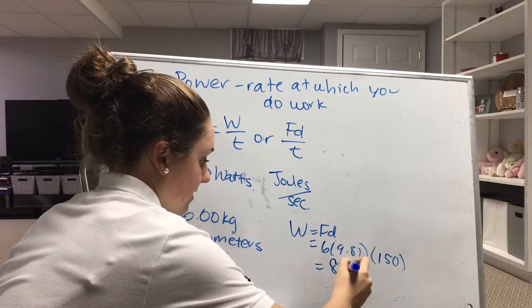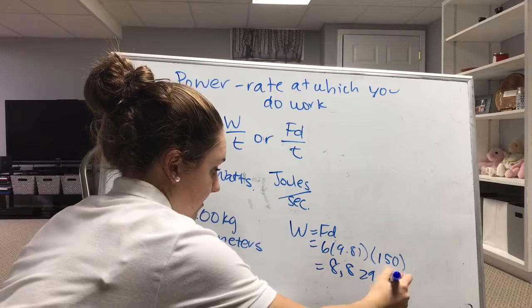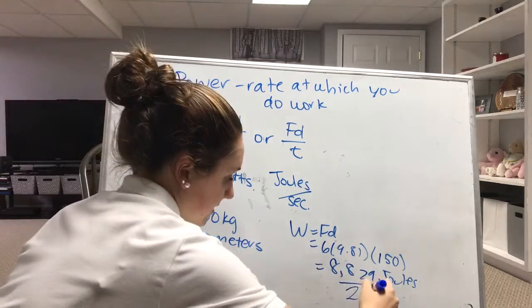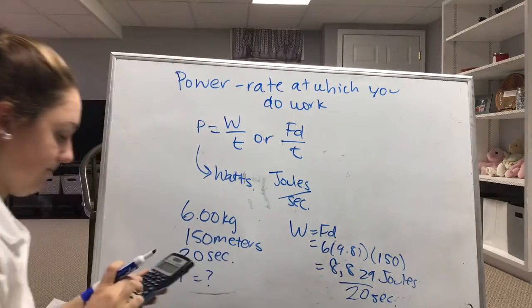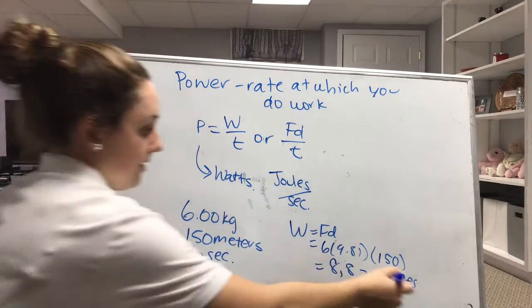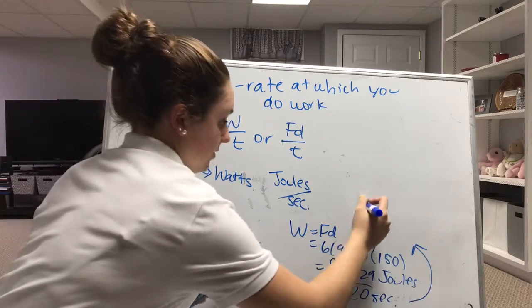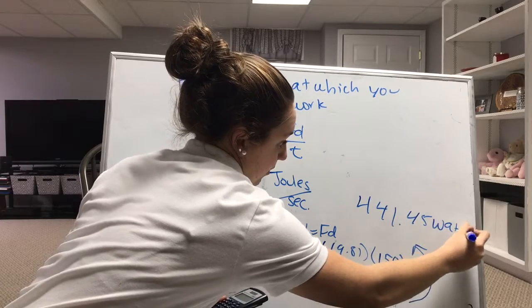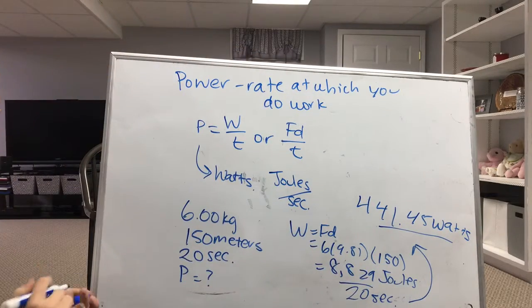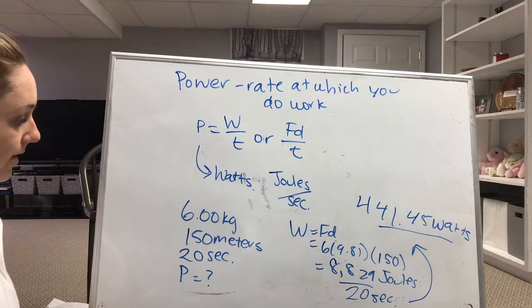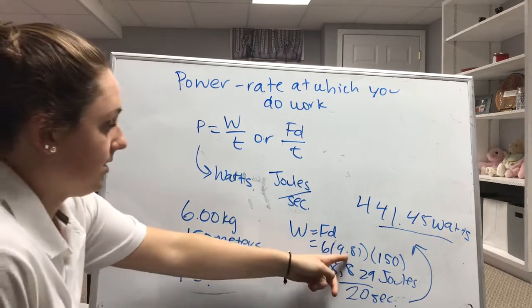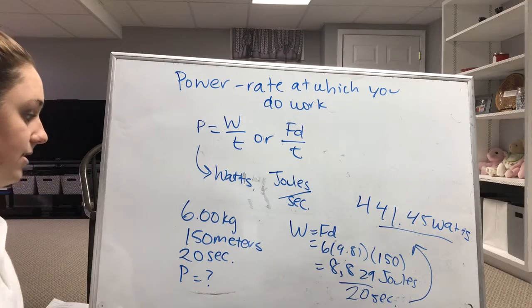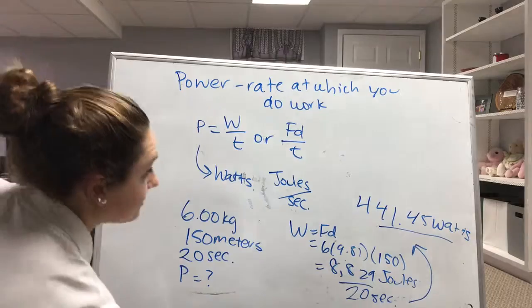This again will get us 8,829 joules divided by the time, which we are given as 20 seconds, to find the power. The power is equal to 441.45, measured in watts. And that's how we would find the power if we were given the mass times the acceleration constant times the displacement over which the force is applied, and the time.